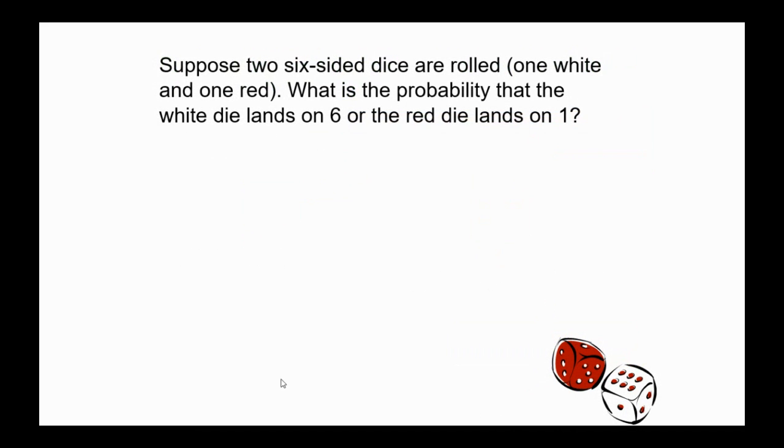Okay, next example. We have 2 six-sided dice that we're going to roll. One is red, one is white. What's the probability that the white die lands on a 6 or the red die lands on a 1?